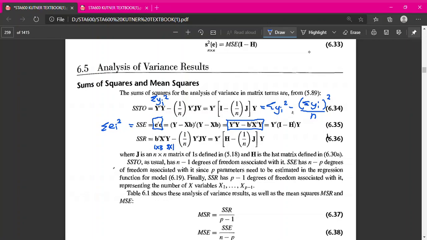So it's 3 by 1. You will get one value when you multiply these two matrices, minus this part. This part is the same as this one, which is the summation of yi square divided by n.